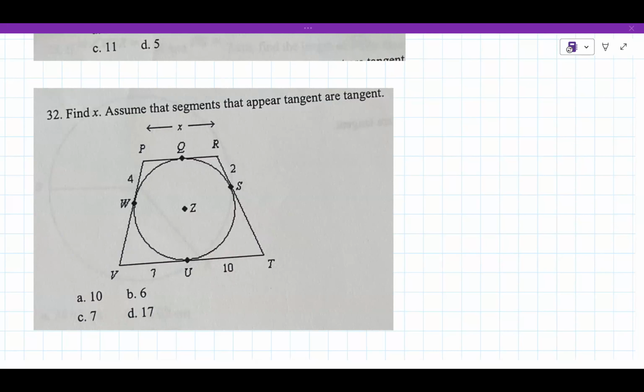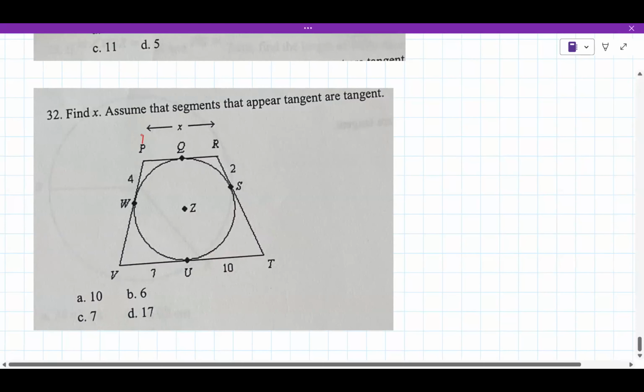If I'm trying to find PR, I know that RS is 2 and PQ is 4. I don't really get it, to be honest. They want you to determine X, which is P to R.